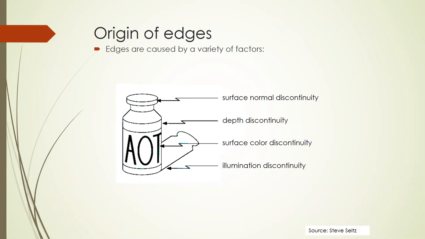So first there is what is happening on the surface, then there could be an edge based on depth. Once the picture is finishing or when the lines are closing, it will look like they are joining somewhere. And then you have surface color discontinuity and illumination discontinuity, okay?